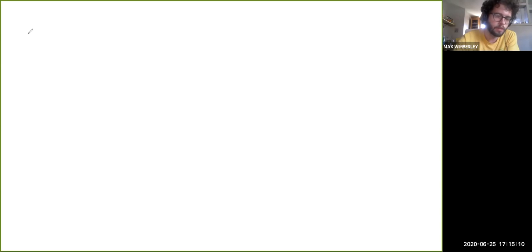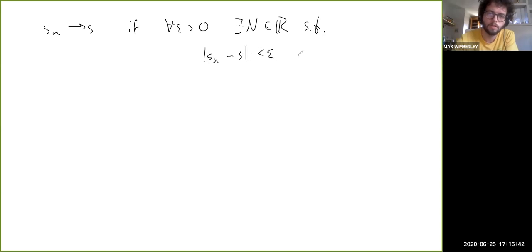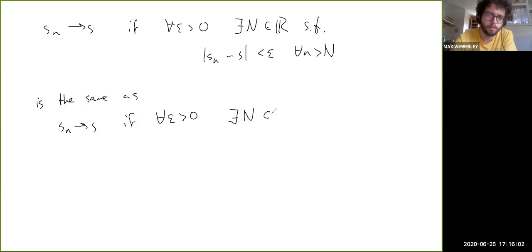If you define convergence by saying Sn converges to S if for all epsilon, there exists an n, which is just any number, let's say a real number, such that the absolute value of Sn minus S is less than epsilon for all n greater than n, then this is the same as defining it with, let's say, even just natural numbers.